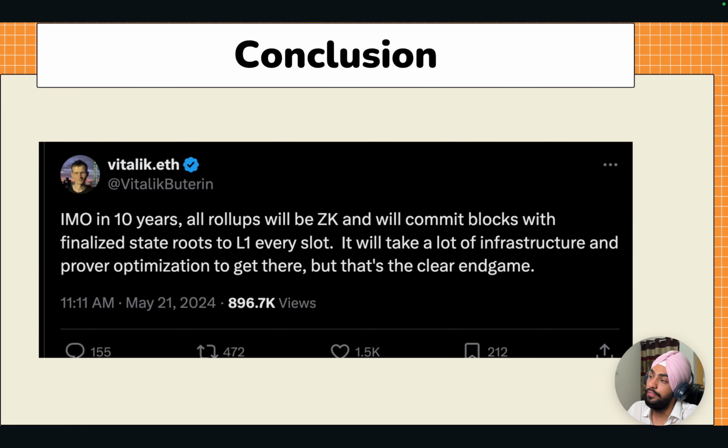But in my personal opinion, this is a great tech, and we might see a few major rollups built on the OP Stack using SP1 and OP Succinct very soon, converting OP Stack rollups into fully verified ZK rollups.